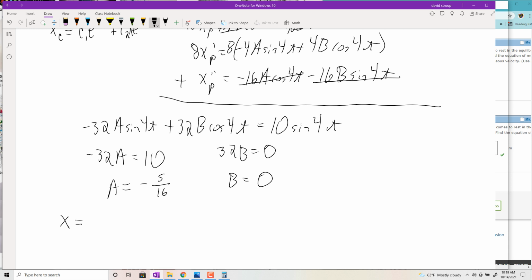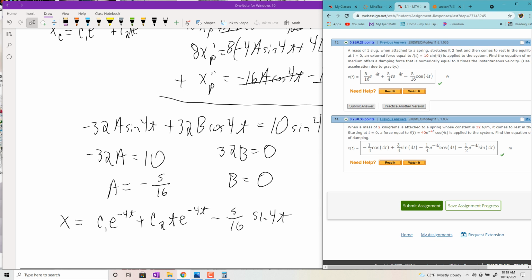X is going to be equal to C1 e to the negative 4t plus C2 t e to the negative 4t, and then the particular part, minus 5/16 sine 4t. Okay, and hope that's right.